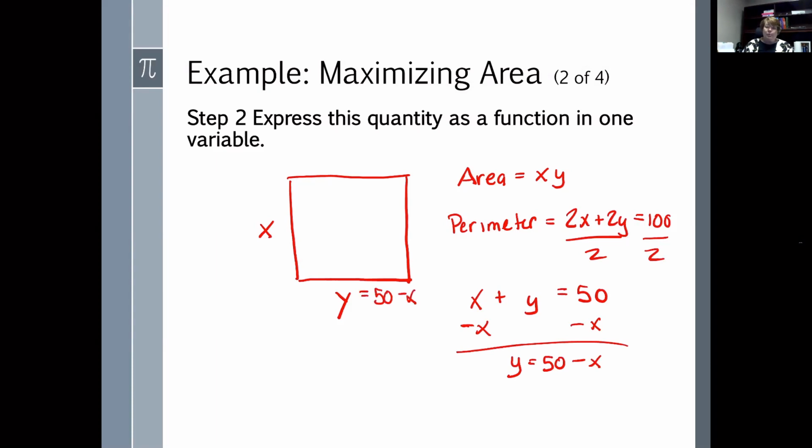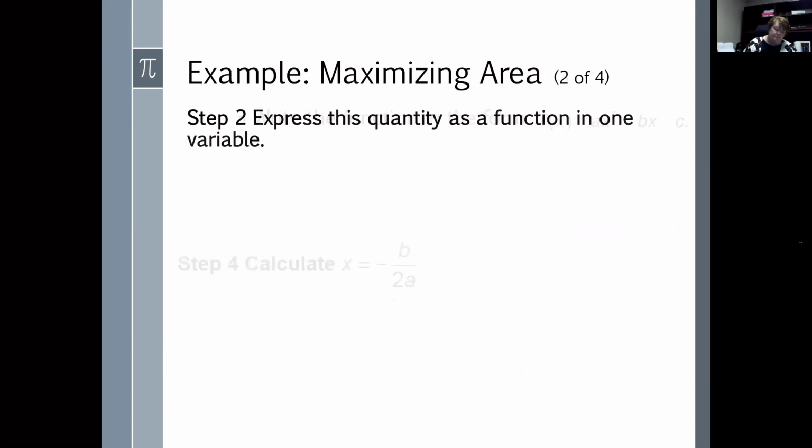So now I could write the area of this enclosed area as x times 50 minus x. And that is what I am trying to maximize.